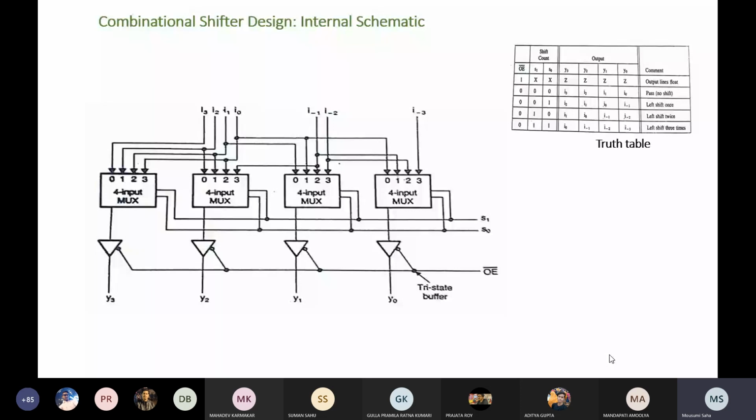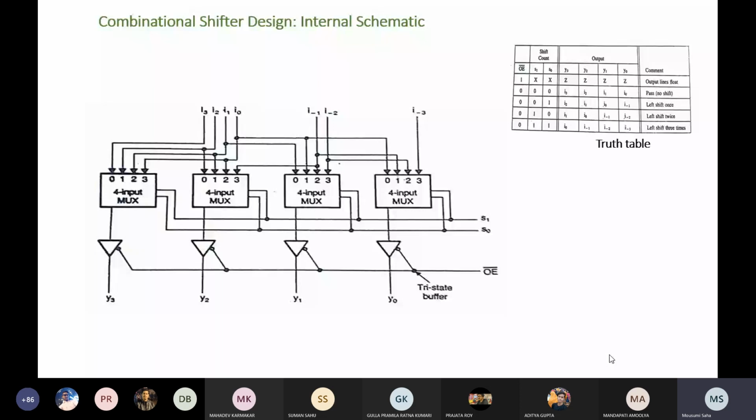Line 2, what is done? You want S1, S0 equals 1, 0 for this case. In the 1, 0 case, Y3 will be I1. So I1 should be connected for the first mux. Then I1, I0, I minus 1, and I minus 2.